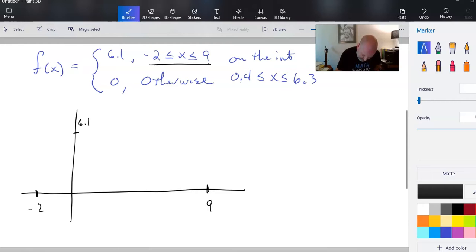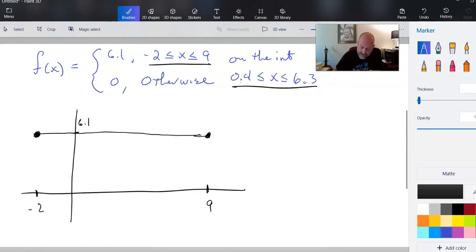And so this function is horizontal through 6.1. It goes all the way to 9 and stops at negative 2, right? So we have that. It's not a perfect drawing, but we know what we're looking at. Okay, so that's the function. That's what it looks like.